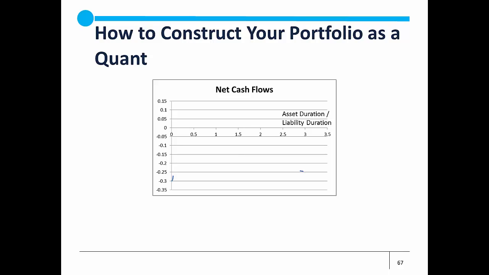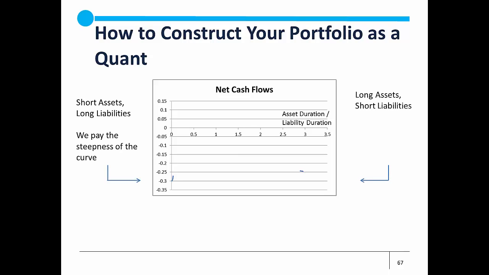On the very long end, if our assets are too long-dated and our liabilities are too short-dated, well, that means that we might default before our assets pay us anything. And then again, that drives the value of our assets down relative to our liabilities, and again, we're losing money from the standpoint of own default risk.